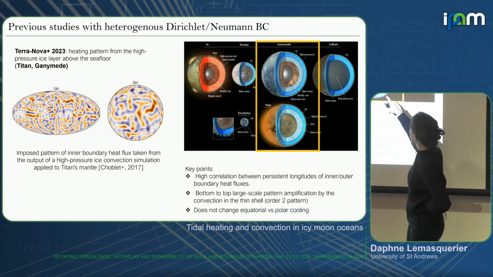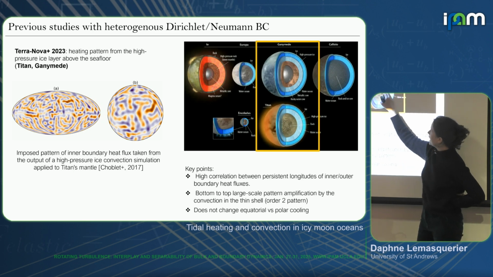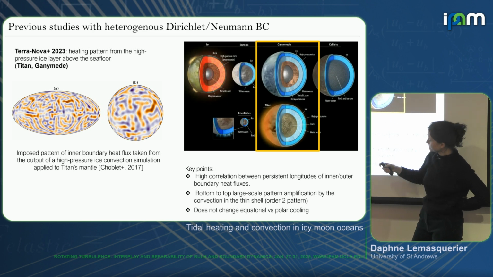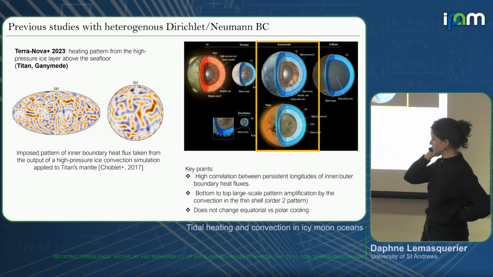So Titan and Ganymede are larger icy moons, and as mentioned by Krista yesterday, there is a high-pressure ice layer at the base of the ocean. And the heat flux that they impose in their simulations is basically taken from simulations of convection in high-pressure ice from Gaël Choblet's simulations.